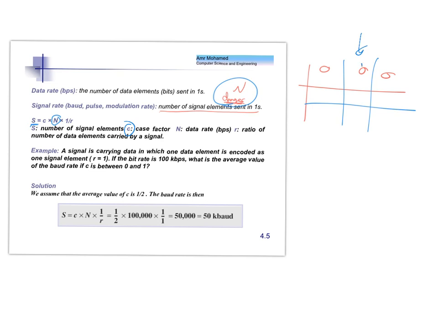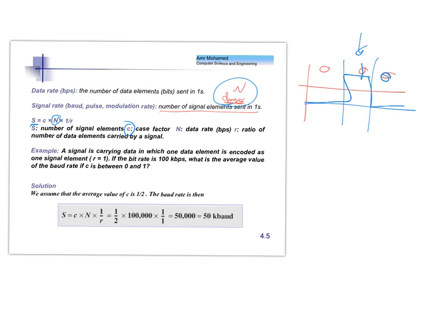In some cases I have 0, 1, 0. So I have a signal like this, and the number of changes in this 3-bit duration becomes 2 changes. This is the other extreme.